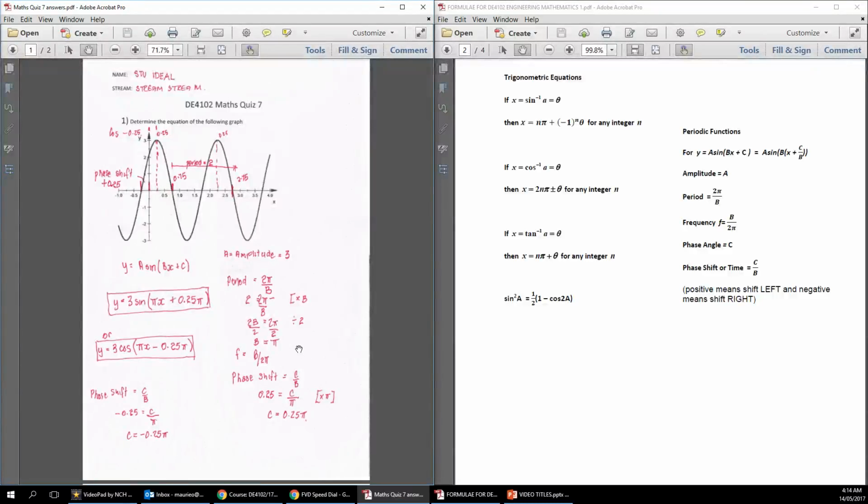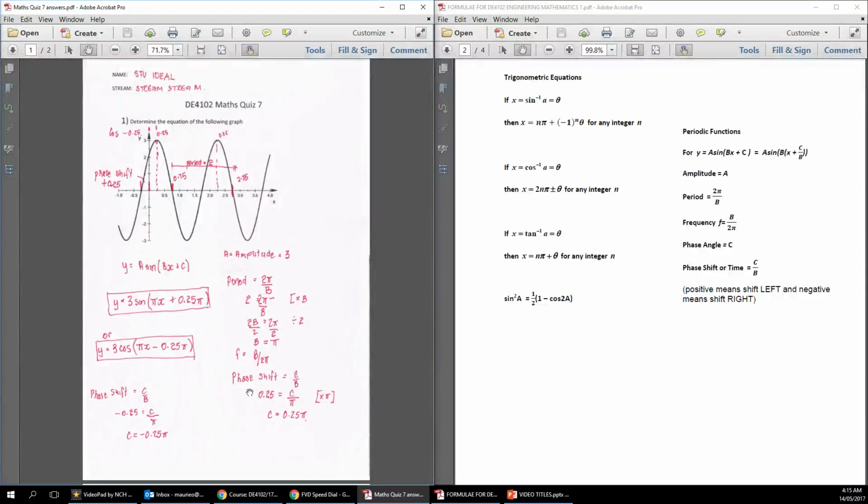We can put b in there as pi over 2 pi, and so the frequency is 1 over 2, which I haven't written in there for some reason. But we don't need it because we already know b.